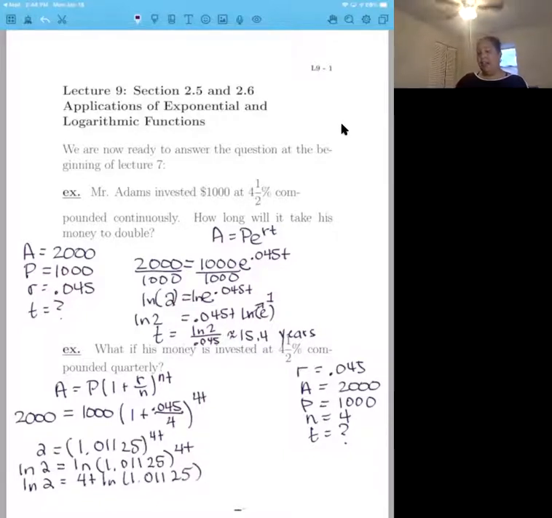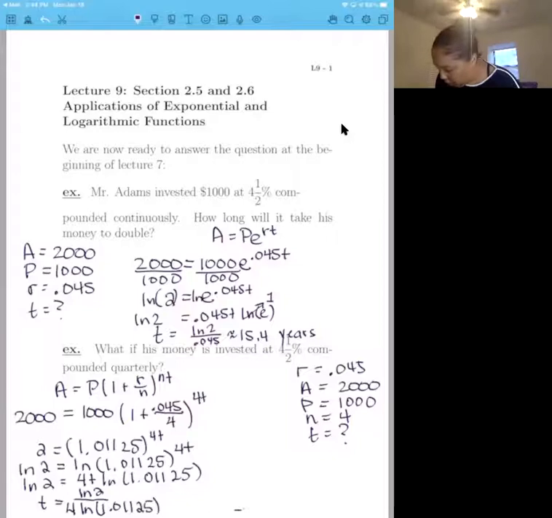So now I'm going to divide the natural log of 2 by 4 times the natural log of 1.01125. So t is equal to the natural log of 2 divided by 4 natural log of 1.01125, which is approximately 15.49 years. All right, so just a little bit longer than compounded continuously.